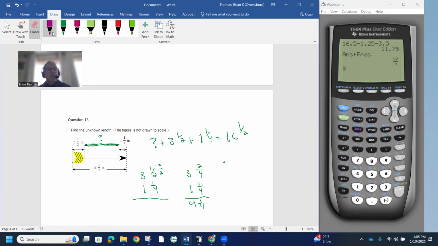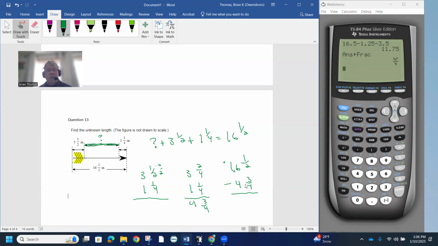Okay. So back over here, notice how when we did 3 2/4 plus 1 1/4, we should have said 4 3/4. So it should have been 4 3/4. So what I have then is this 16.5, and we have to lose 4 3/4.